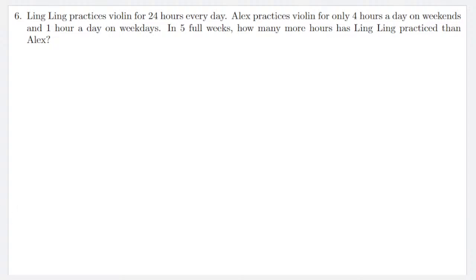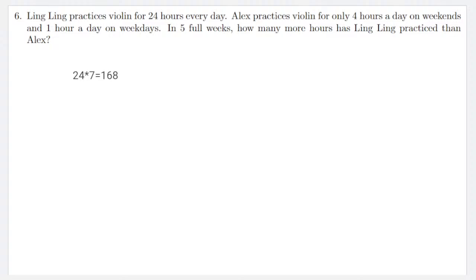And Alex practices for 4 hours a day on weekends, so this is 4 times 2, 2 hours on the weekends, since there's 2 days, Saturday and Sunday on the weekends, and 1 hour a day on the weekdays. So that gives an additional 5 times 1, or 5 hours this week.